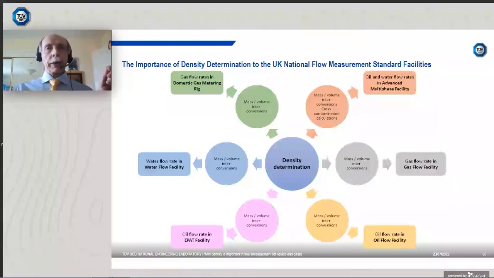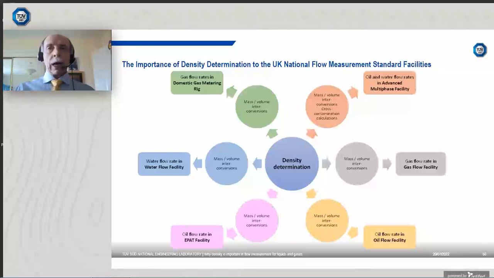NEL hold the flow measurement standards, and we have a number of facilities. Ultimately, for each of them, density determination, either by measurement and calculation at other conditions or by other measurement and calculation, feeds into all of our primary standard facilities and some of our secondary.